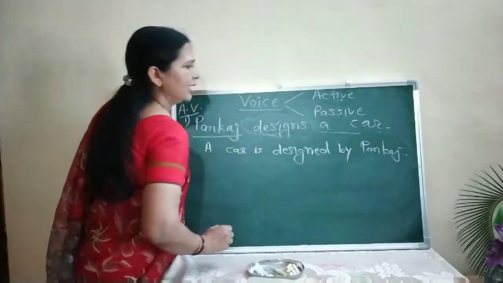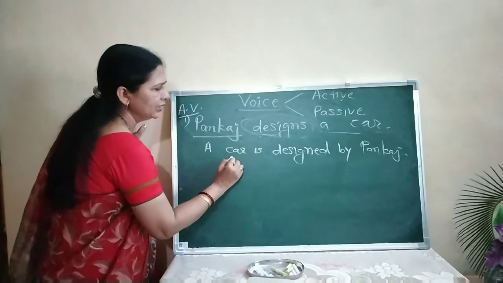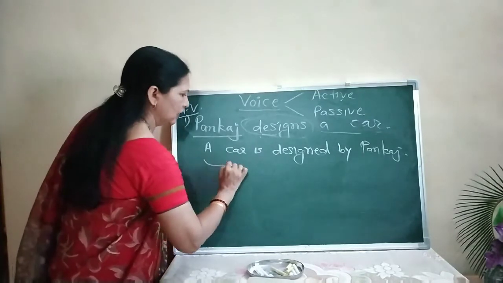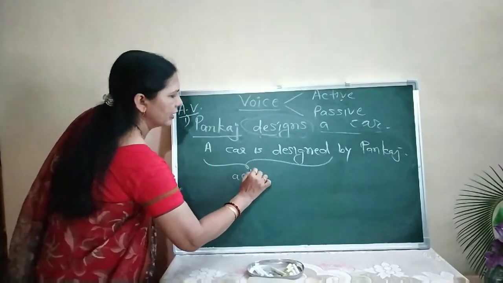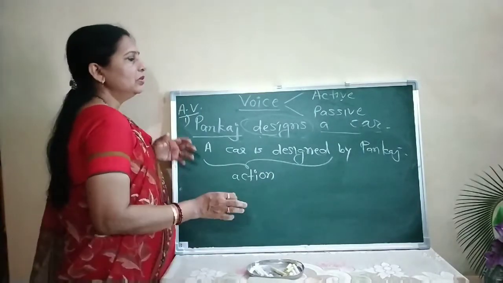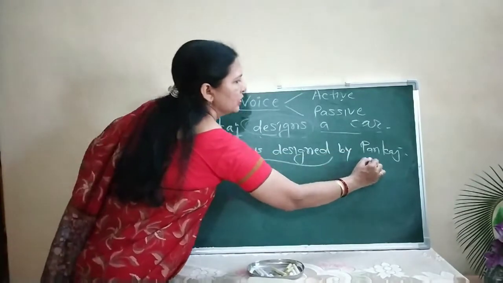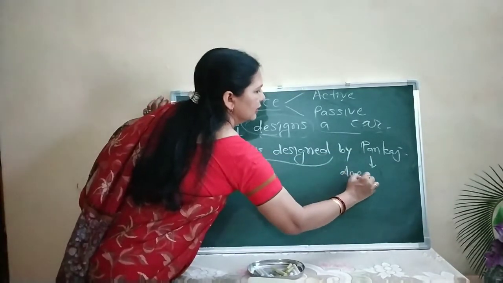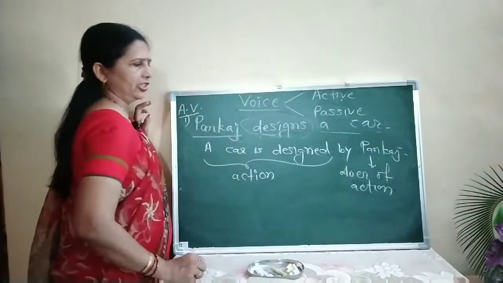Now, which is the action here? Action is designing the car. So, a car is designed. ही काय झाली याच्यातली action. Now, who is the doer of the action? कोणी केली कार डिझाइन? Pankaj. So, Pankaj is the doer of the action.